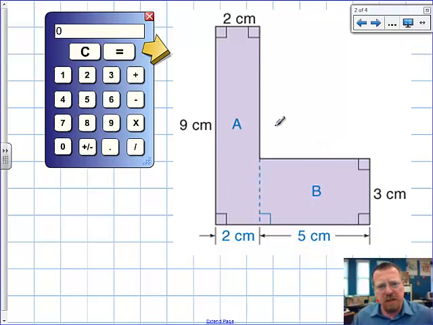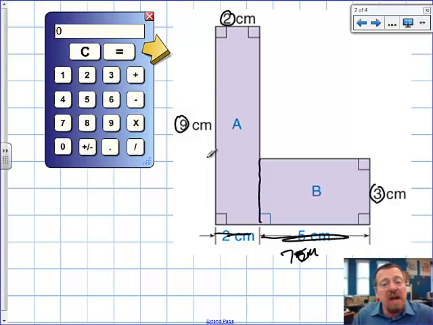Now, we're kind of lucky with this one, okay? Because we've got 9 centimeters and 2 centimeters here and 3 centimeters. And if you looked at the original shape, this was 7 centimeters rather, from this end to this end across here. But one of the things that we can figure out because of the shape is that line that's drawn right here means that this is 2 centimeters, so this means this is going to be 5.